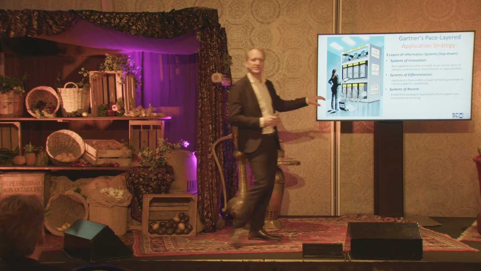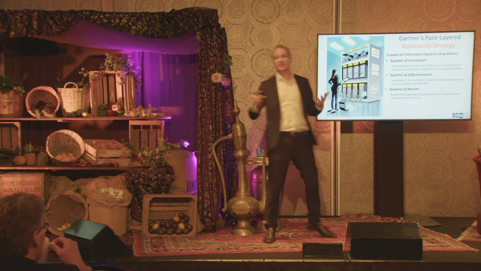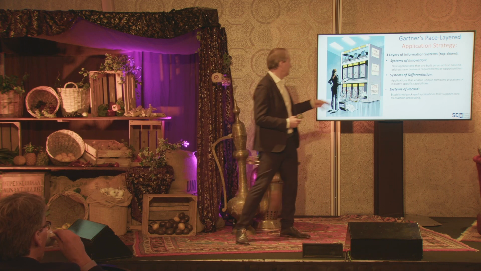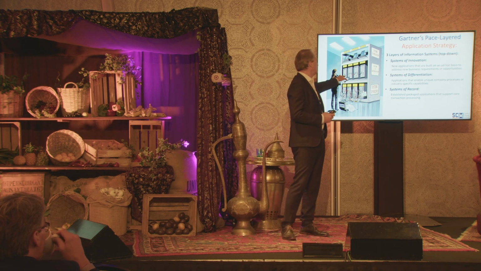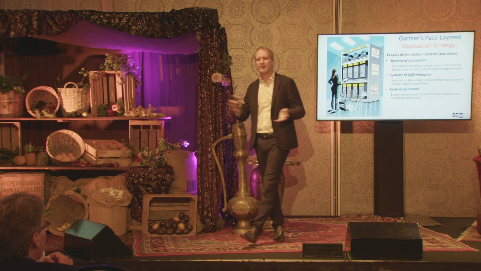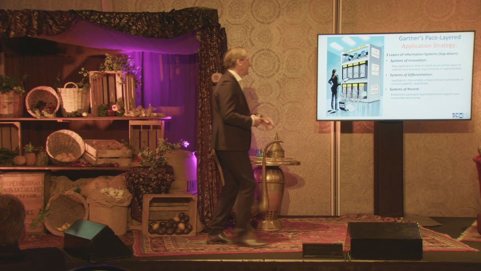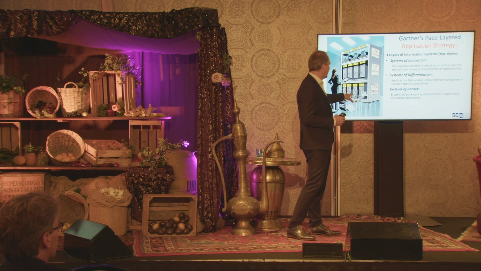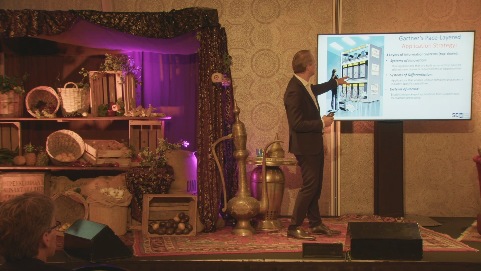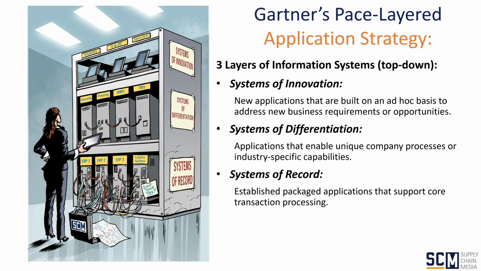The second layer is the system of differentiation, where you make the difference. Basically, that's your forecasting, your planning, your WMS, and your TMS environment. So that's a different layer of IT applications. This is already an illustration from, I think, 5, 6, 7 years ago. On the top level, you have your visibility, your apps and your application bolt-ons.